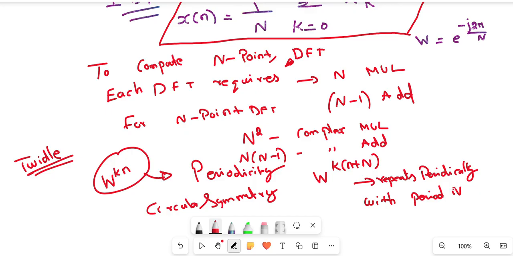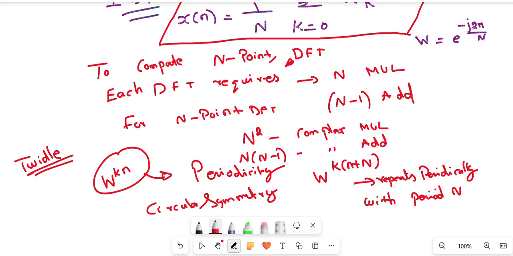So the twiddle factor plays a vital role. If you see the DFT computations, the direct computation of DFT requires a large number of multiplications and additions.